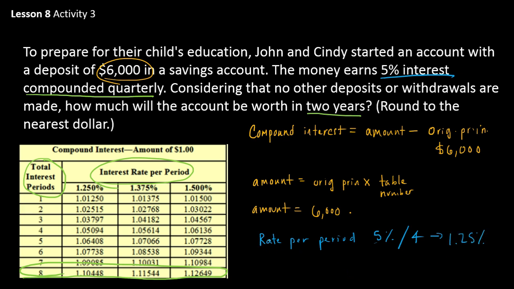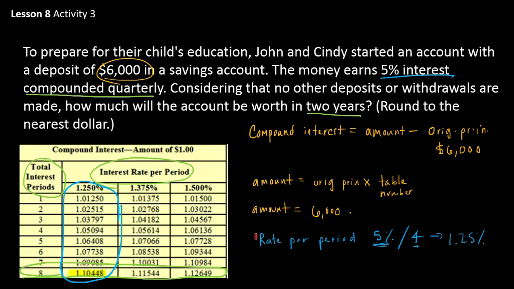Again, to find rate per period, I took the annual rate and divided it by the number of times it's compounded annually, 1.25%. So I'm going to use this 1.25% column. Now I look where they overlap, and it's pretty easy to see that they overlap at 1.10448.